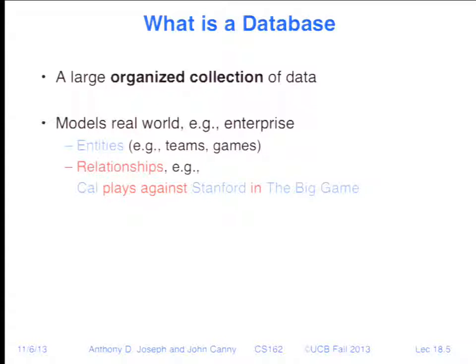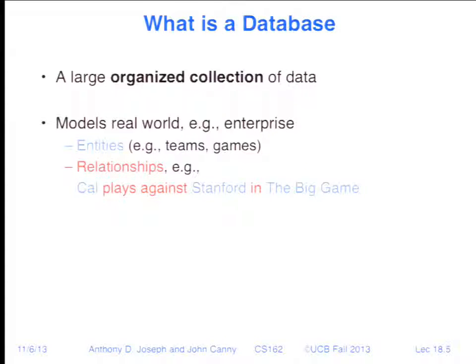More familiarly, we have data stored in enterprises that consists of certain objects we care about, people, businesses, products, and so on, and the relationships between them. For instance, Cal playing against Stanford is a relation, and the big game is part of that same relation.